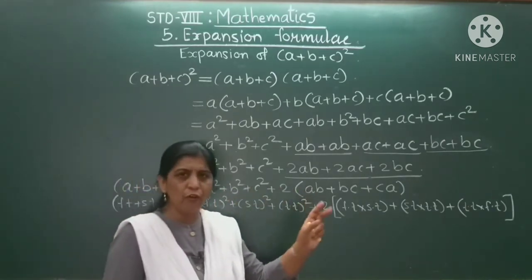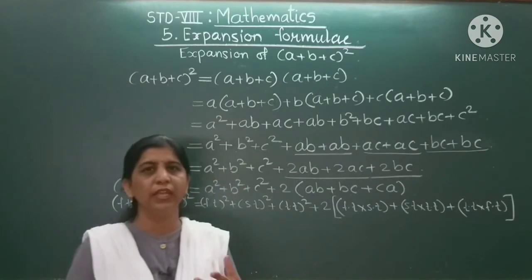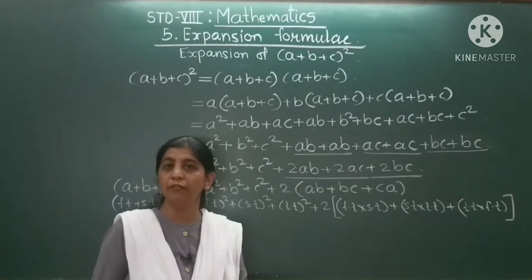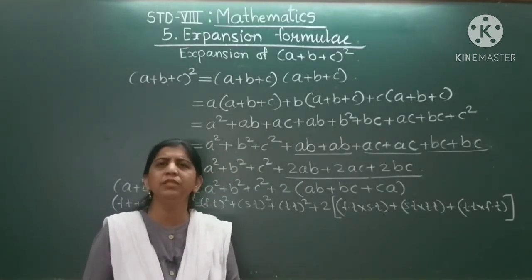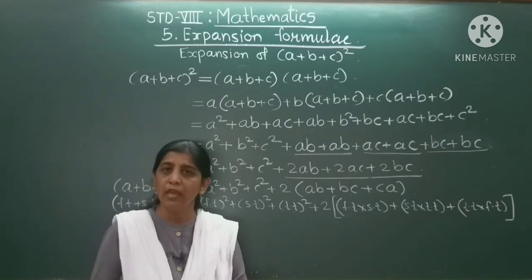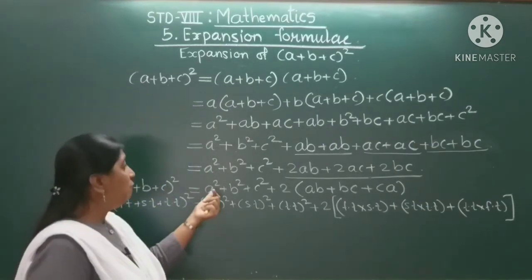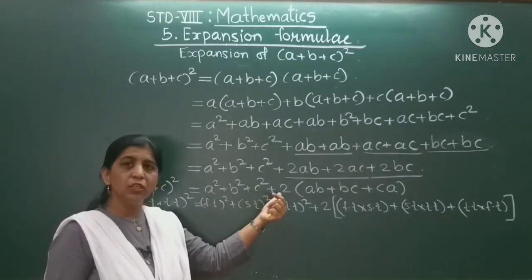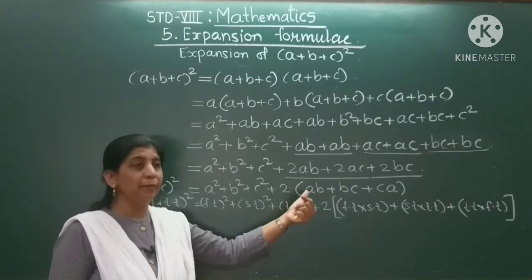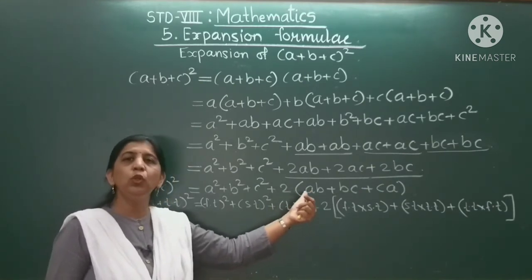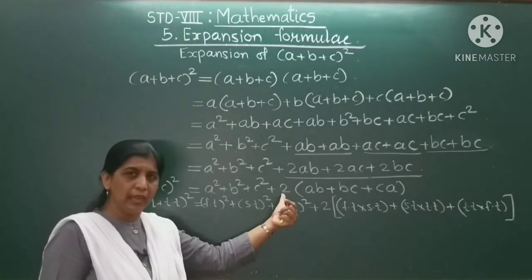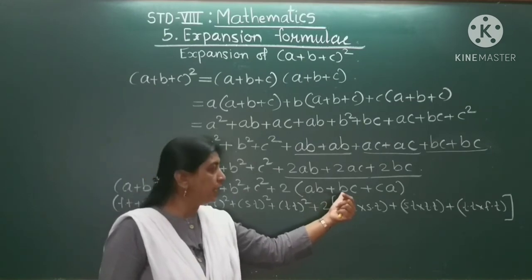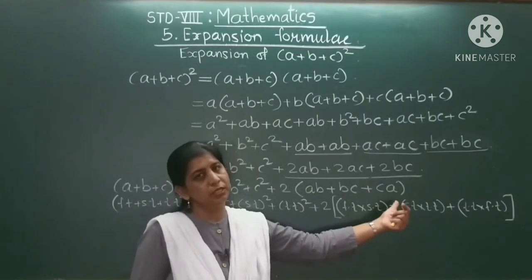Okay. So to remember a formula in a short way, it is up to you, because in maths we can remember it in our own method. We can find our own method to remember. Remembering the formula is sometimes a must for us. It becomes easy for us to solve the examples quickly in the examination. Right. So first term square plus second term square plus third term square plus 2 times, where 2 terms are multiplied together: AB, first into second term, second into third term, and third into first term again.